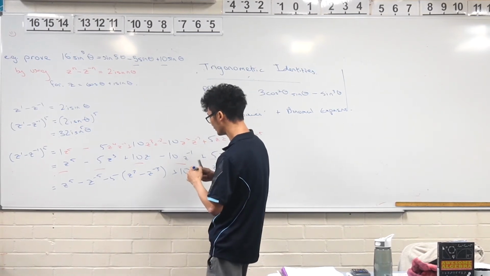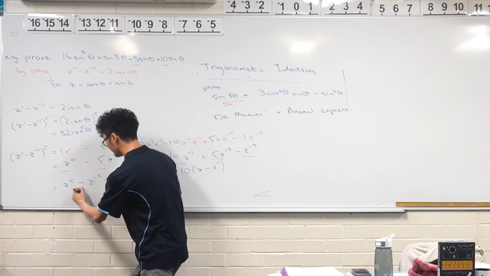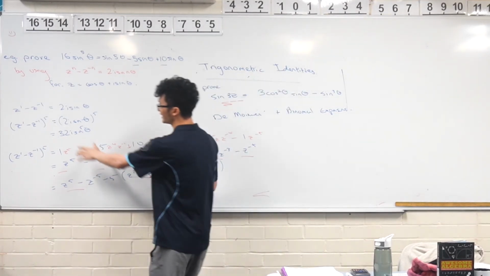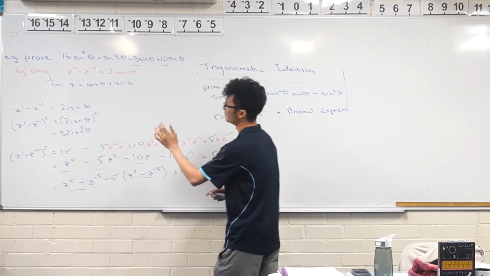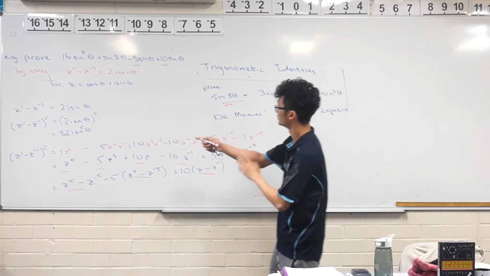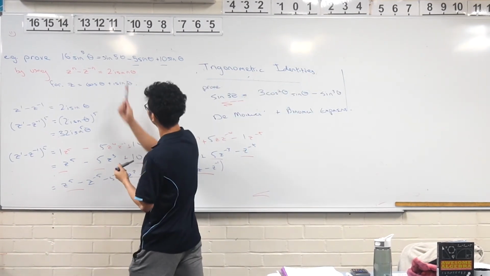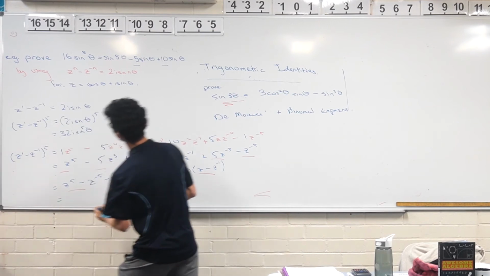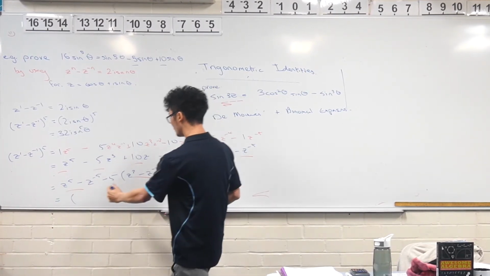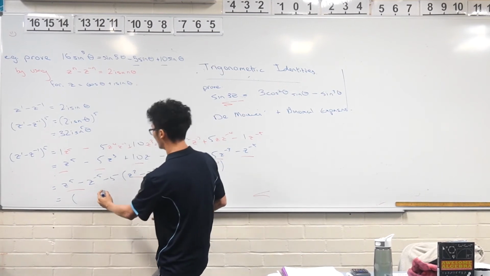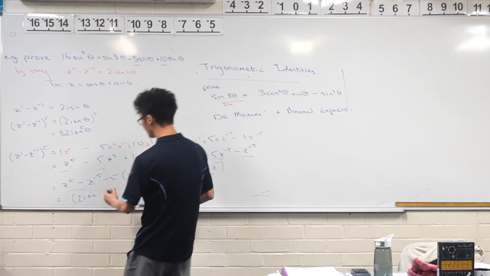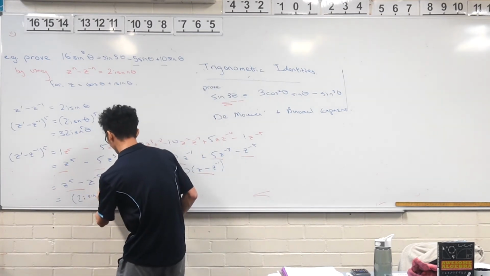If you look very carefully, this is hopefully something familiar, because this is the same as that here, with different n values. So I can simplify this: when n is equal to 5, that's just 2i sin 5θ.